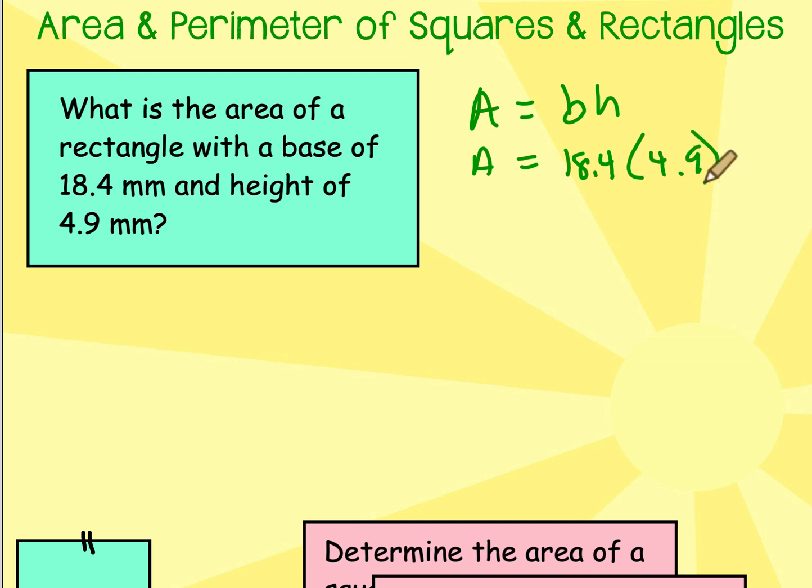And notice I'm not using the dot for multiplication and putting parentheses because dots get confused with decimals. So 18 and 4 tenths times 4 and 9 tenths, and I get 90 and 1600ths, and my units is millimeters squared.